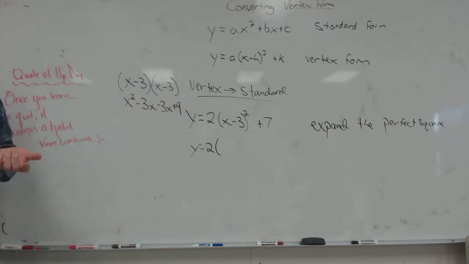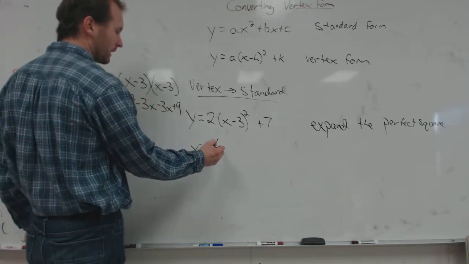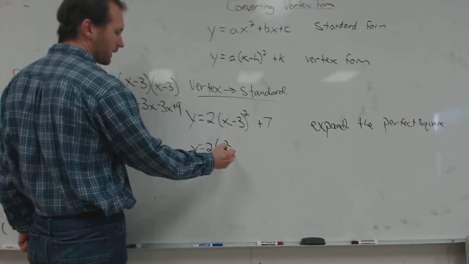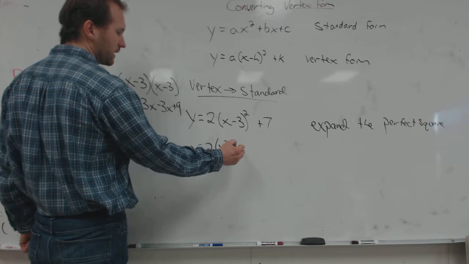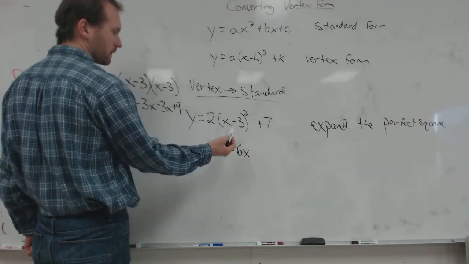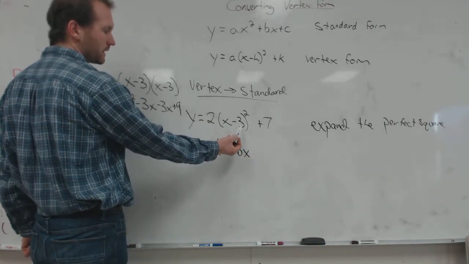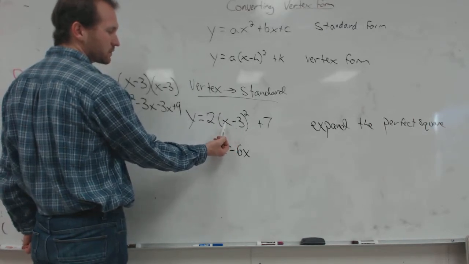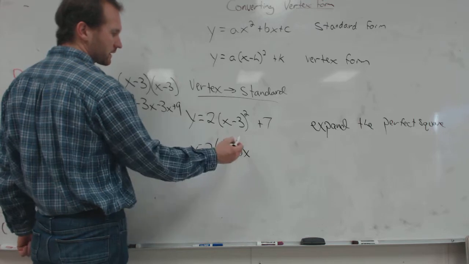So that's one way. The other way is you might remember we talked about when you have a perfect square like that, you always have a squared plus 2ab plus b squared. So if this is a and this is b, 2ab would be negative 3 times 2 times x, which is negative 6x.